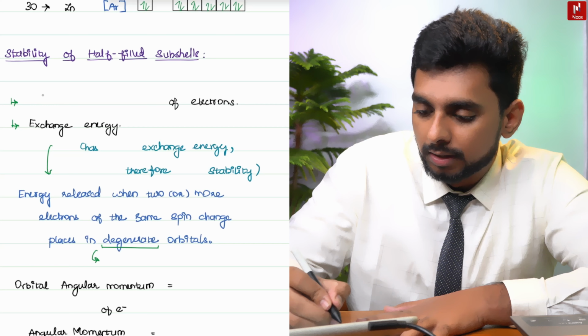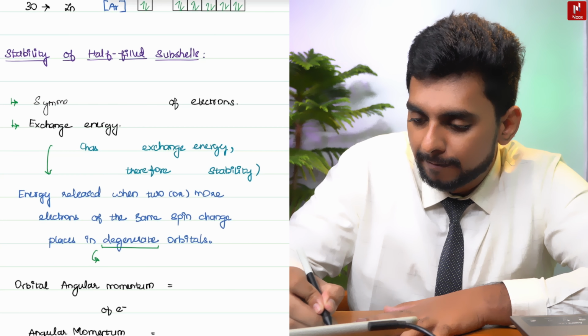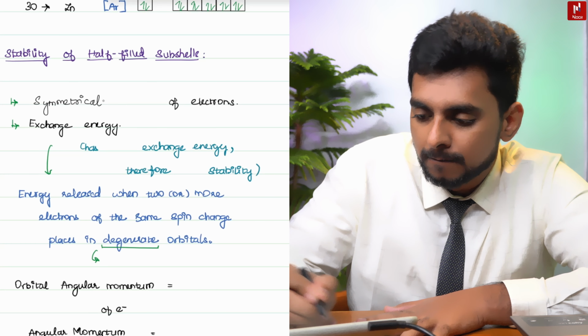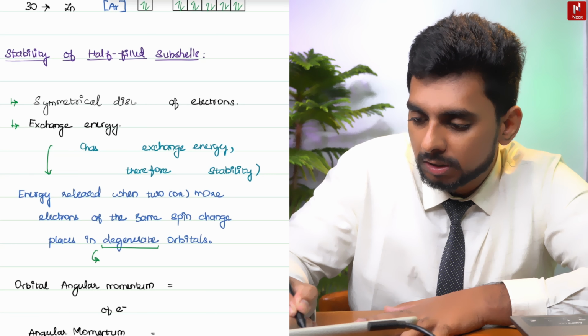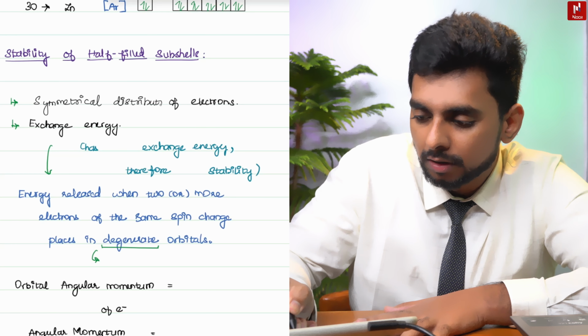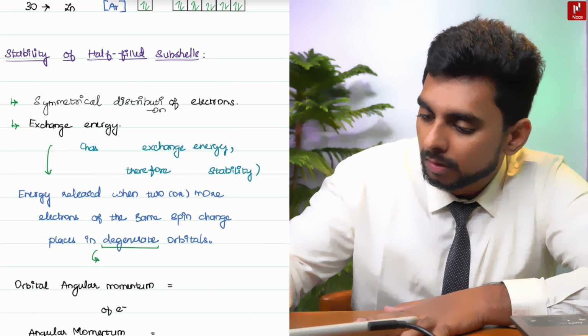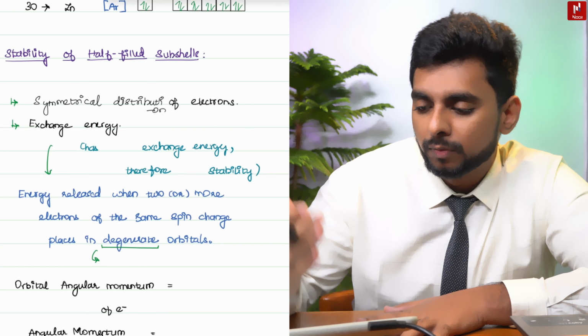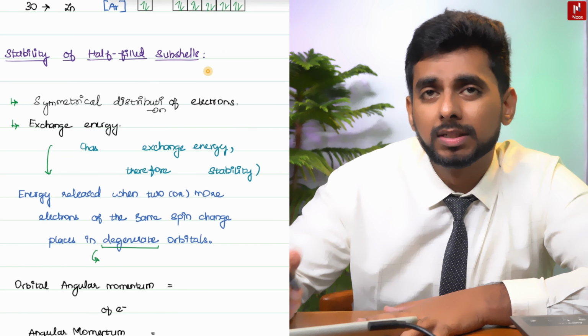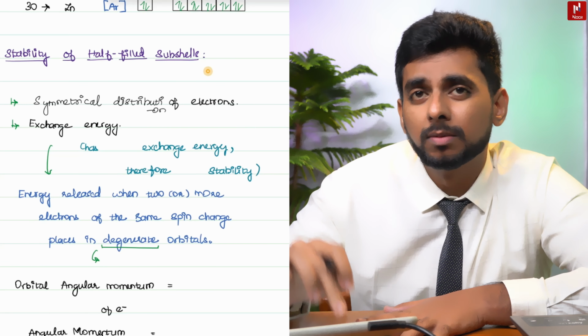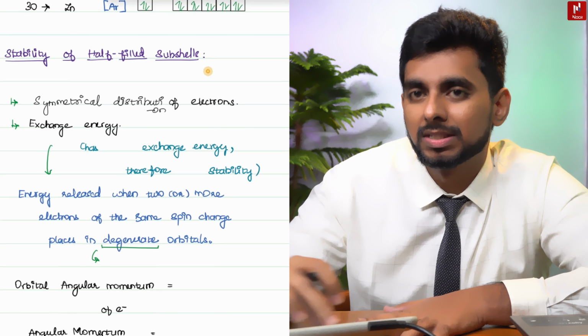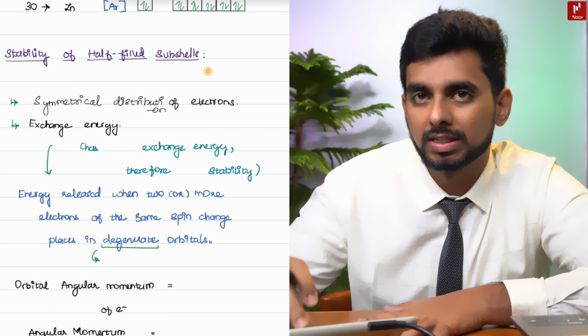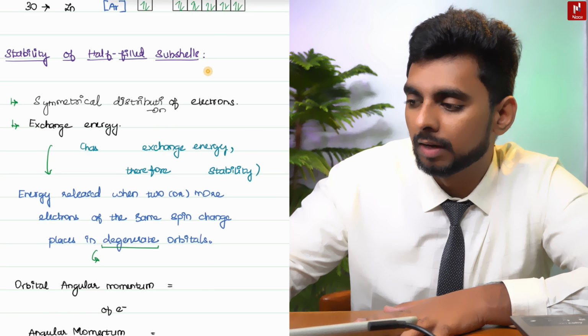In the case of a half-filled subshell, every orbital will be singly occupied. Therefore, you have a symmetry which will be preferred in nature. So that's the first argument that I'm making over here.